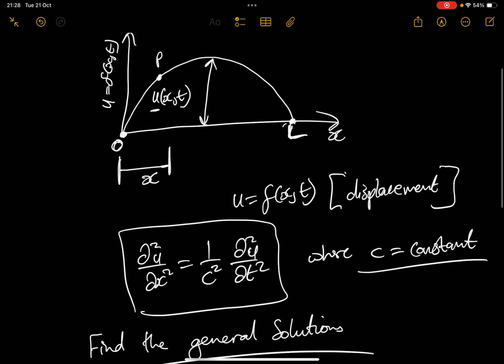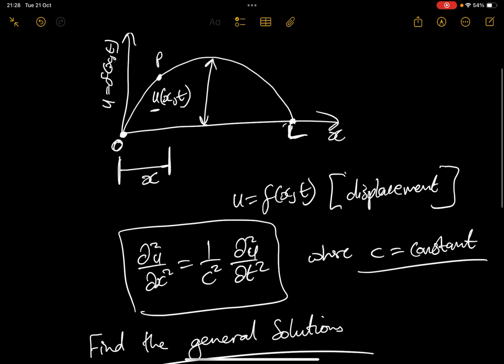We are going to have du/dx is X prime T, du/dt is X T prime, d squared u over dx squared is X double prime T, and d squared u over dt squared is X T double prime.